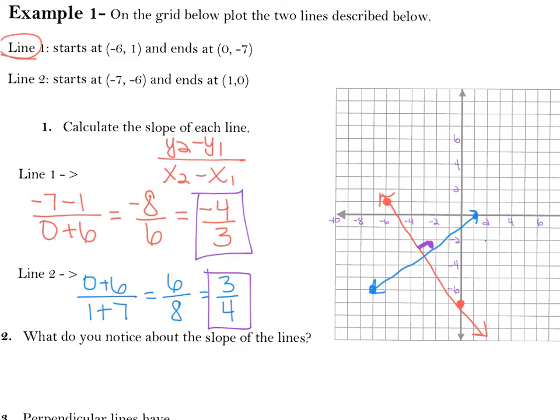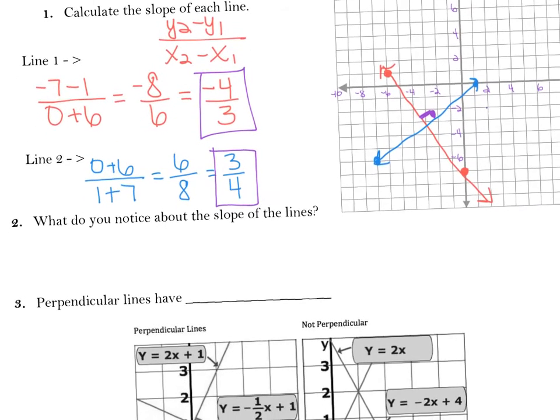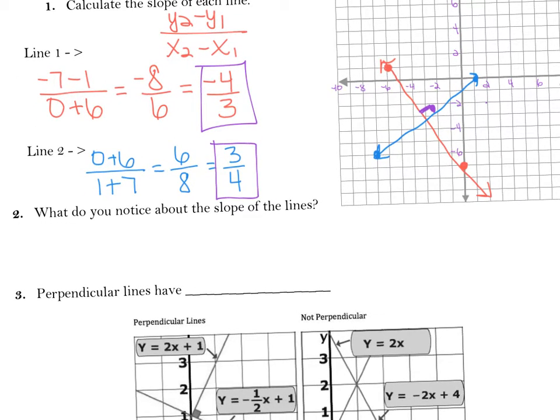So when I look at those two boxes that I have put around the slopes, I notice one is positive and one is negative. So they're opposites. One's positive, one's negative.